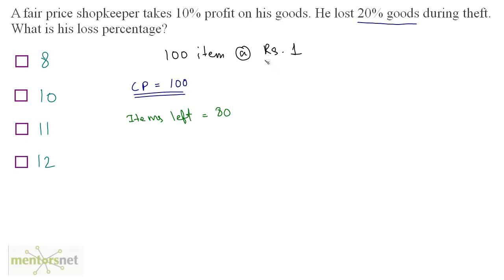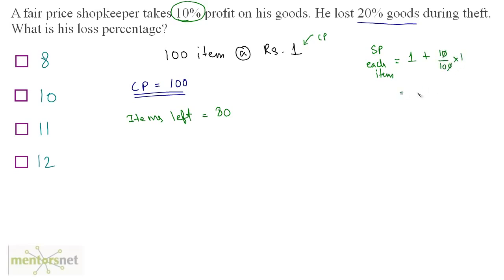Now let us calculate the selling price on each item. We have the cost price on each item as 1 rupee, and the shopkeeper takes 10% profit. So the selling price of each item is the cost price 1 plus 10% of 1, so 10 by 100 times 1.